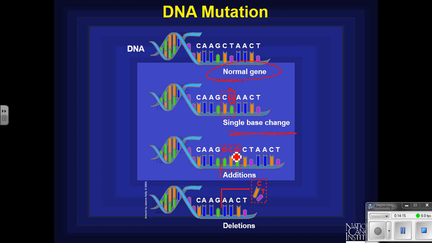So notice there was a C and a G here, but we've added an extra G in there. And also taking things out, so we've removed the C and a T. These are just different types of ways that DNA can be mutated or changed. And anytime a gene is changed, it can affect the outcome or what the individual experiences. And in some cases, that means they may experience a greater risk of cancer.